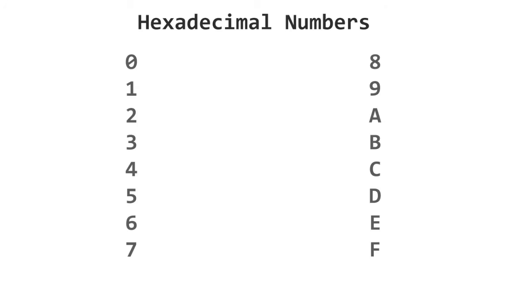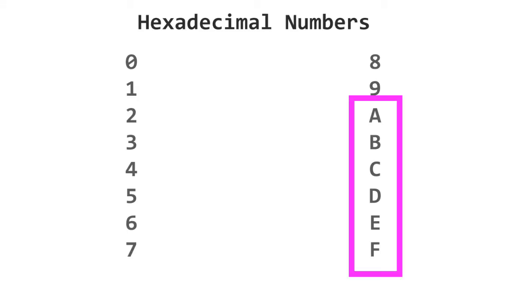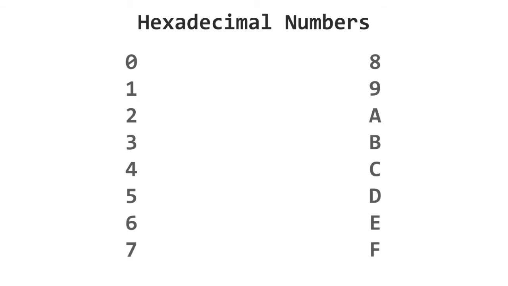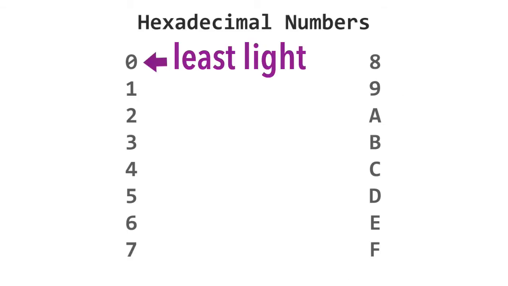Since hexadecimal is base 16, the numbers 10 through 15 are represented by the letters A through F. The smallest number represents the least light, or the most darkness, therefore black, or an absence of color.